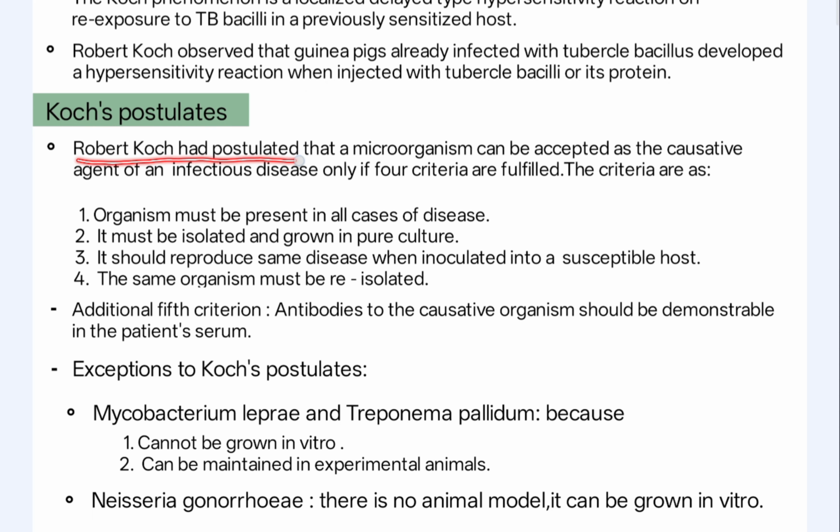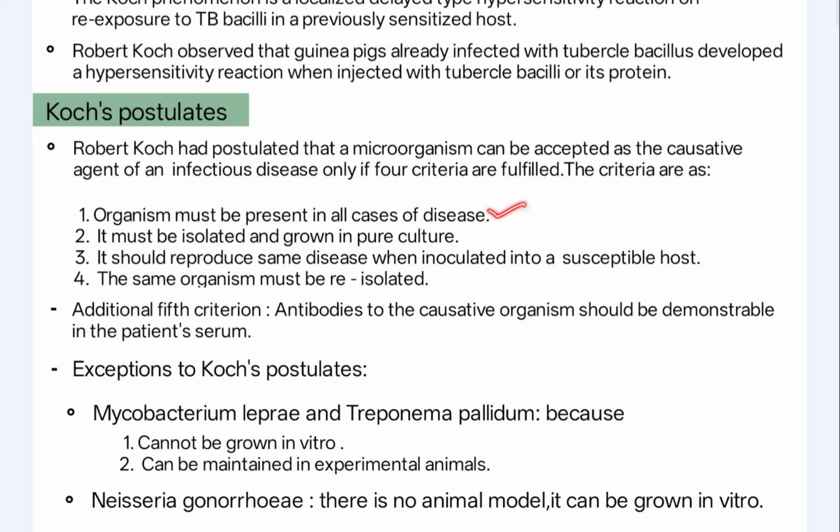Robert Koch postulated that microorganisms can be accepted as the causative agent of an infectious disease only if four criteria are fulfilled. So these are the four criteria which discover the causative agent of infectious disease. First point is organism must be present in all cases of the disease.